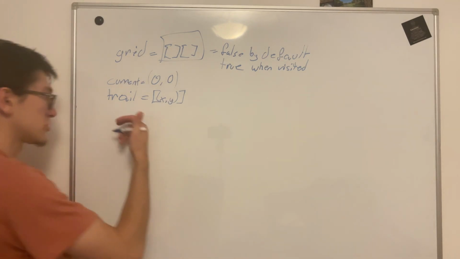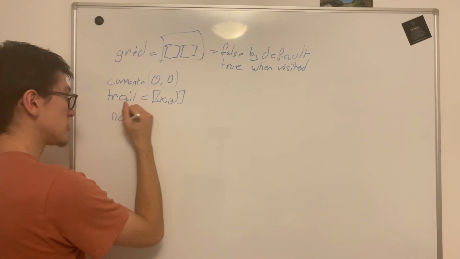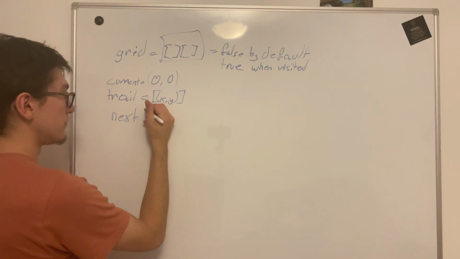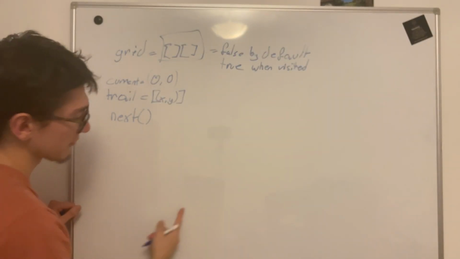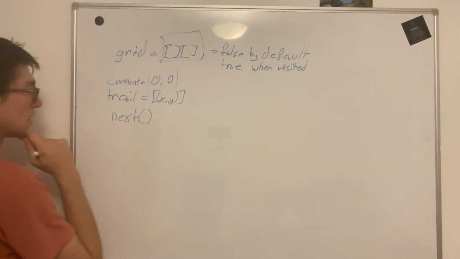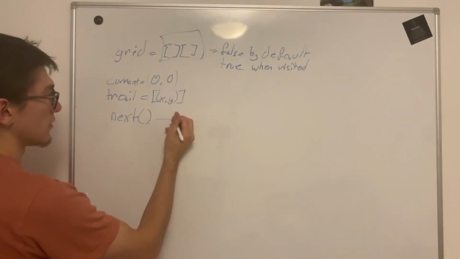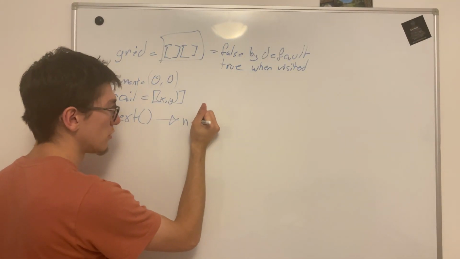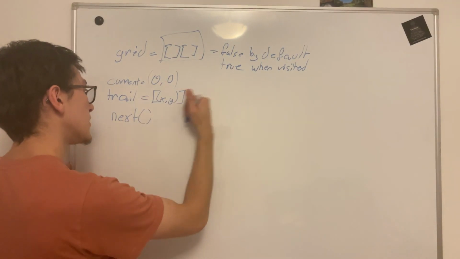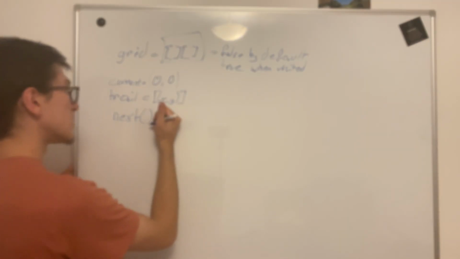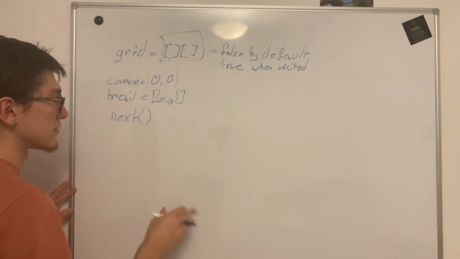So we'll need a function, next. We'll need a next function, which will basically get called after you've done the previous next. Let's not care what it returns for the moment. So next should select one of the unvisited neighbors around it, right?